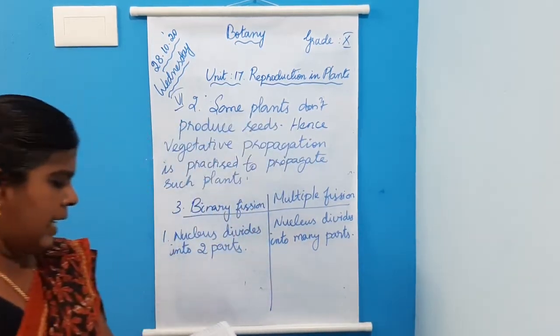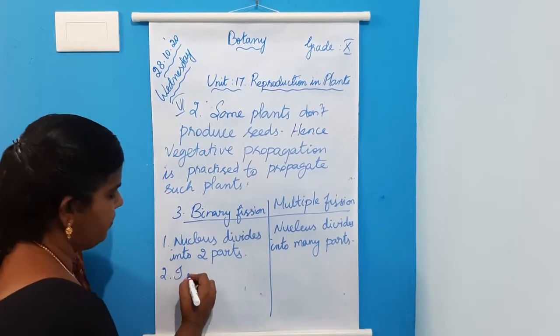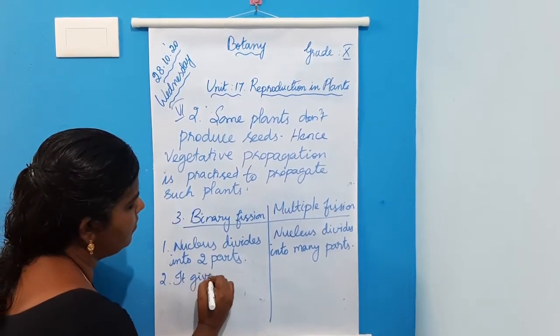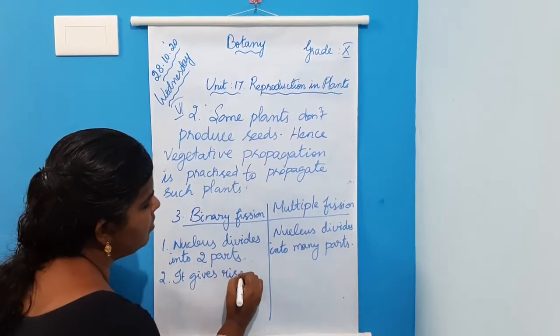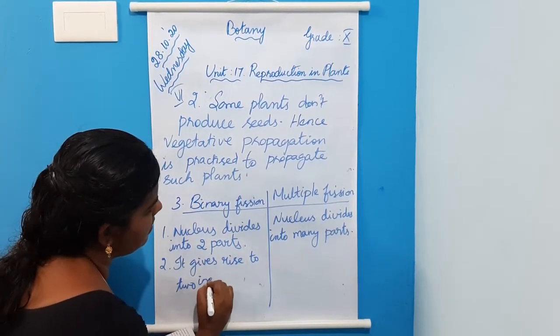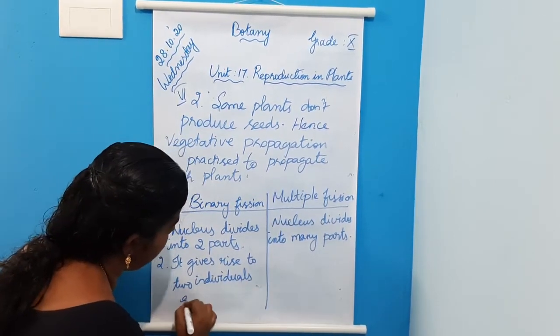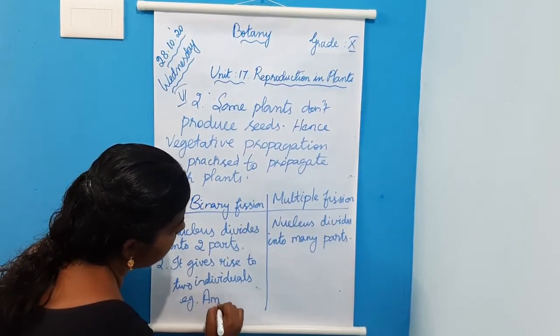Second point, binary fission gives rise to two individuals. Example, amoeba.